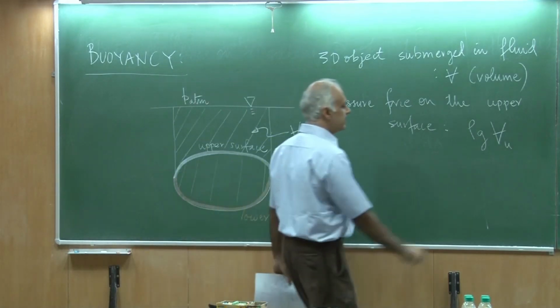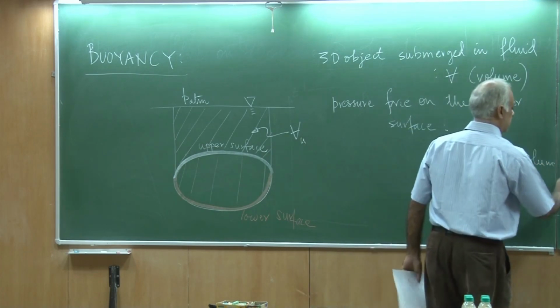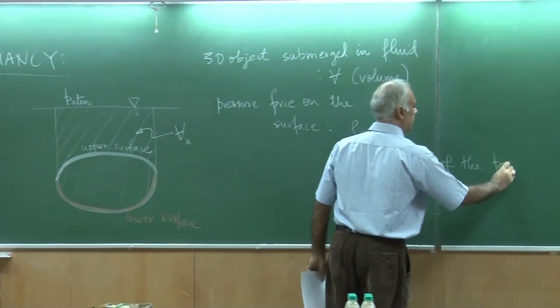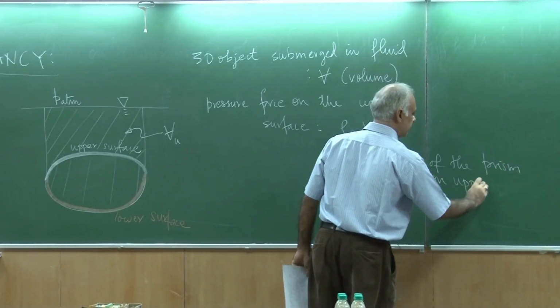So Vu is the volume of the prism on upper surface of the body.